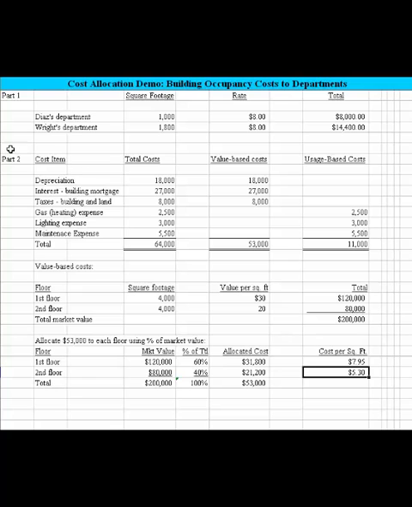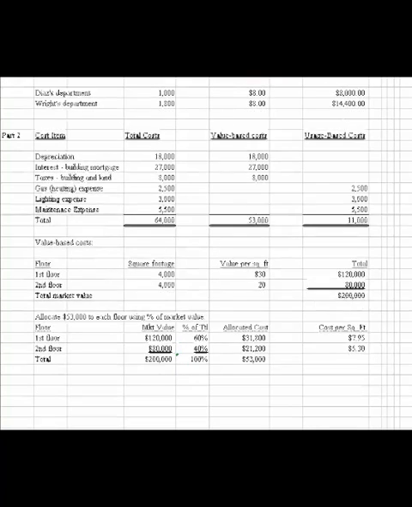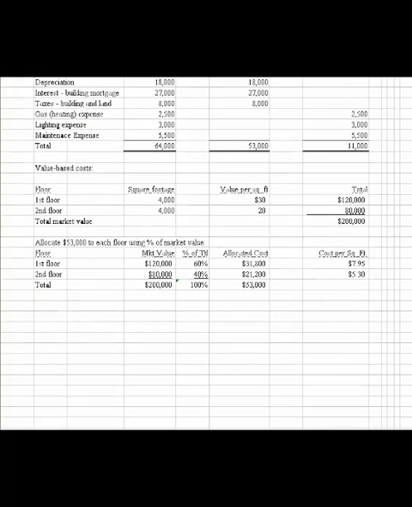Alright, why don't we slide up now and do the usage-based costs. Oh, and to be consistent, why don't I type it the exact same way.